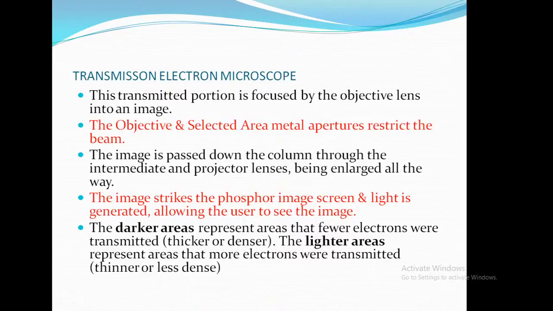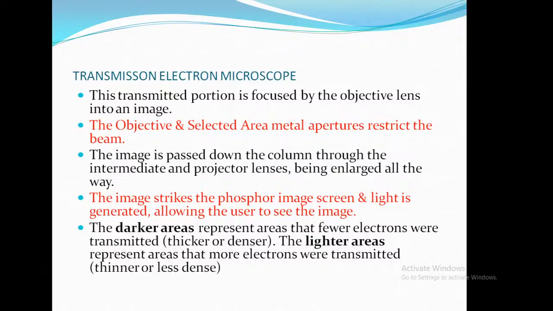So this transmitted portion is focused by the objective lenses into an image. The objective and selected area metal apertures restrict the beam. The image passes down the column through the intermediate and projector lenses, being enlarged all the way.